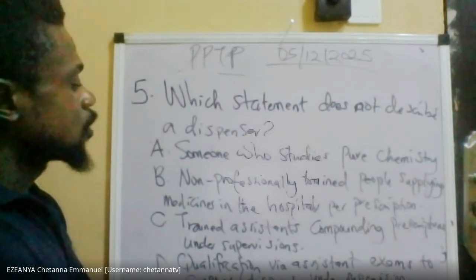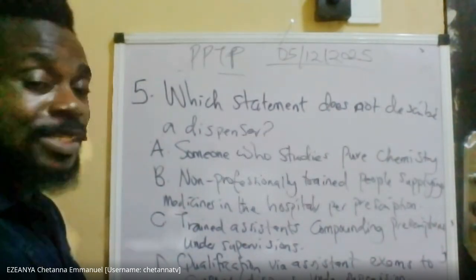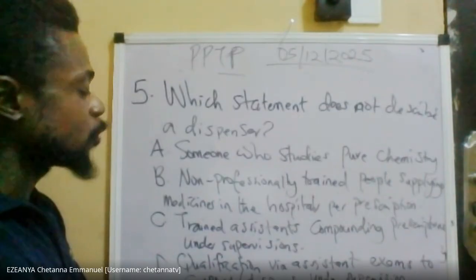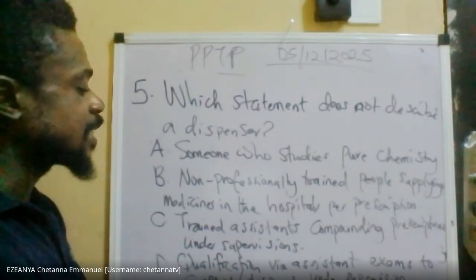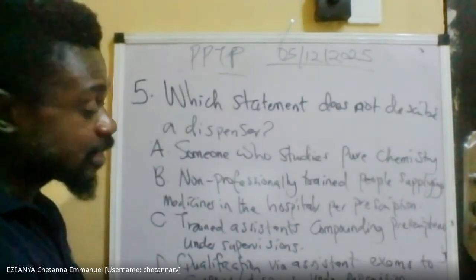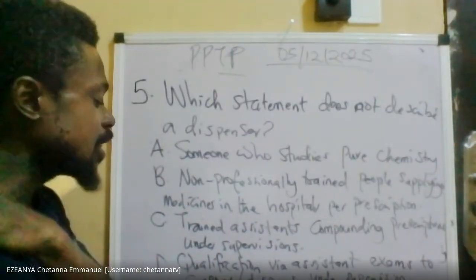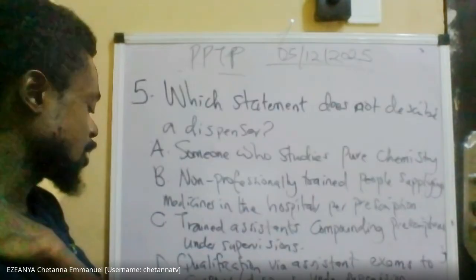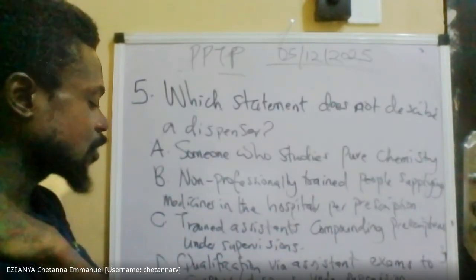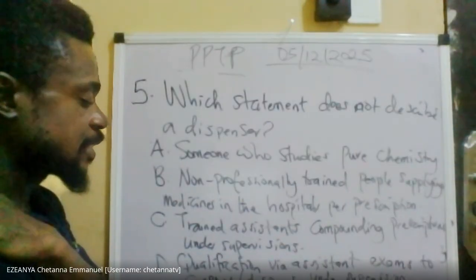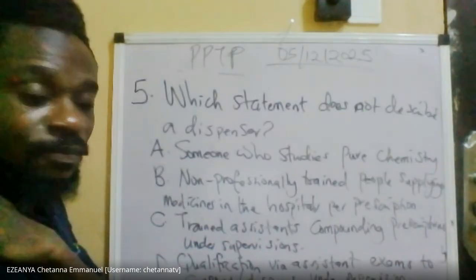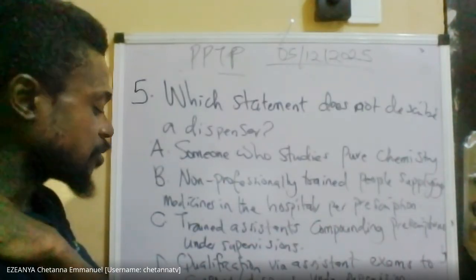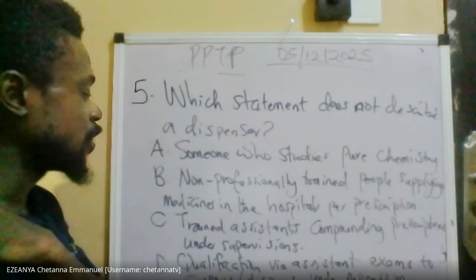A. Someone who studies pure chemistry. B. Non-professionally trained people supplying medicines in the hospitals by prescription. C. Trained assistants compounding prescriptions under supervision. D. Qualifications via assistant exams to compound or dispense under supervision.